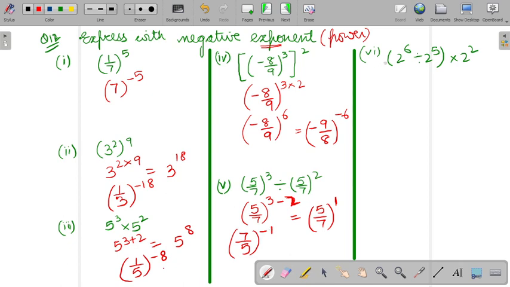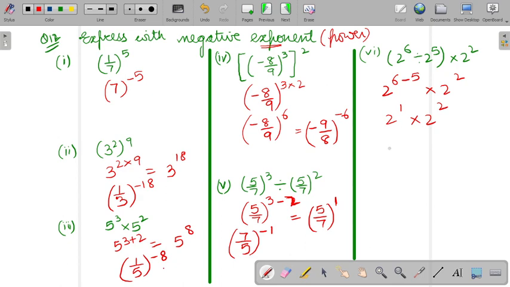In sixth part, again you will solve the bracket first, since bases are same. So first power minus second power in division concept, and write the outer term as it is. So it will be 2 power 1 multiplied 2 power 2.